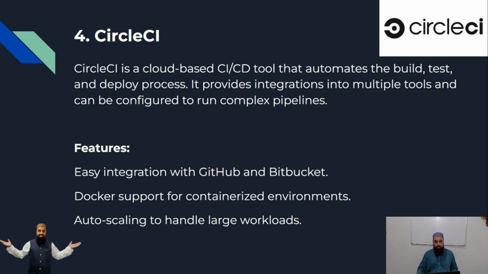It provides integrations with multiple tools and can be configured to run complex CI/CD pipelines. It can be integrated with GitHub and Bitbucket, Docker support for containerized environments is also available, and there is auto scaling to handle large workloads. So CircleCI is also one of the best CI/CD tools we have for our infrastructure automation.